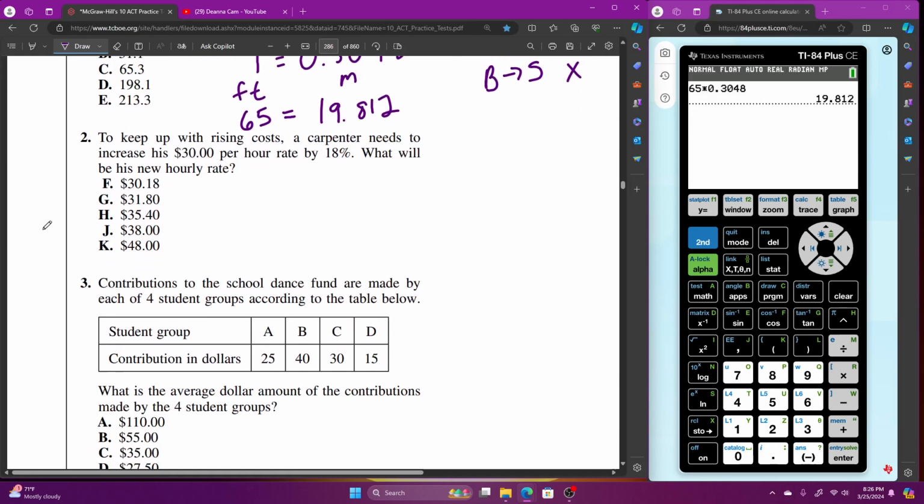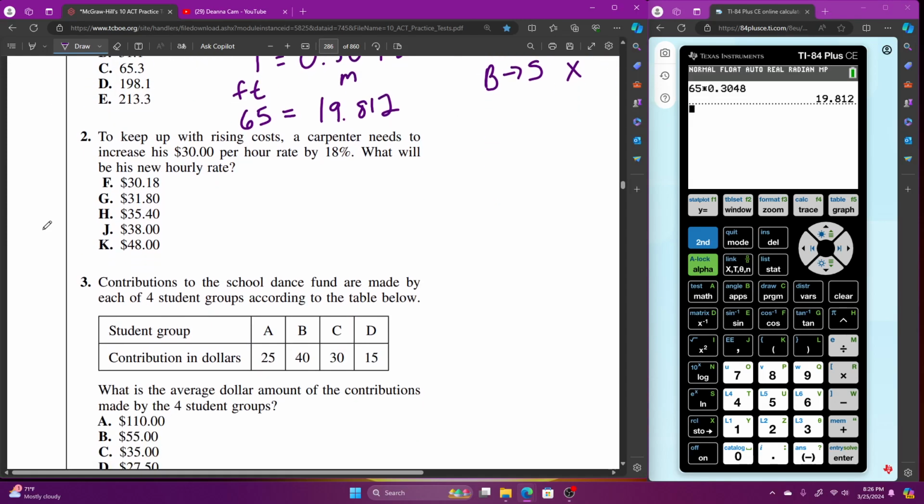Number 2, to keep up with rising costs, a carpenter needs to increase his $30 per hour rate by 18%. What will be his new hourly rate? So when we are looking here, he's currently making $30 per hour, and they want to increase by 18%.